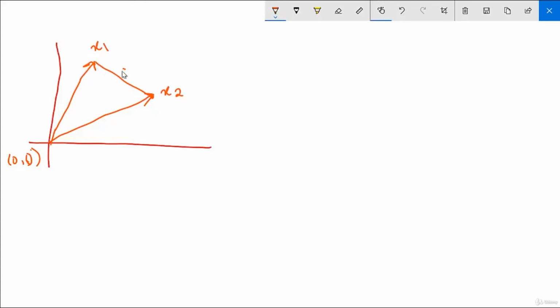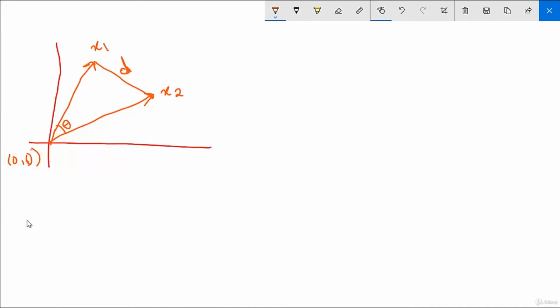Before, using KNN and Euclidean formulas, we found it using that formula, which you guys feel is very difficult. But here in the cosine similarity rule, we do not find this distance. Instead, we see the angle here and we decide whether they are similar or not.